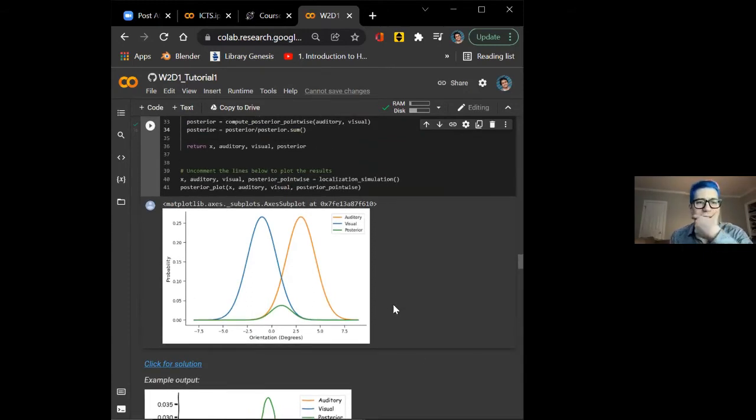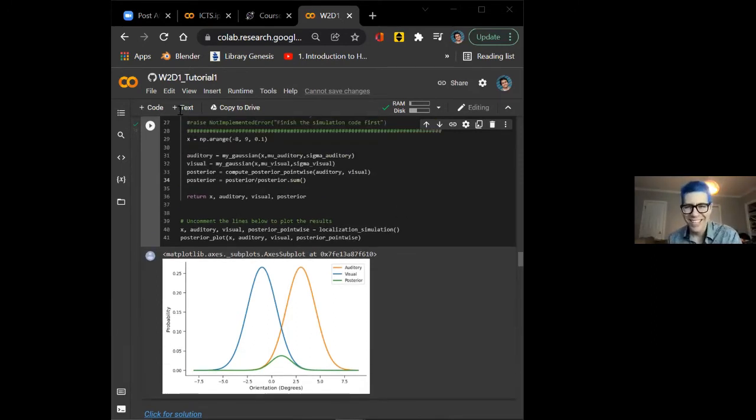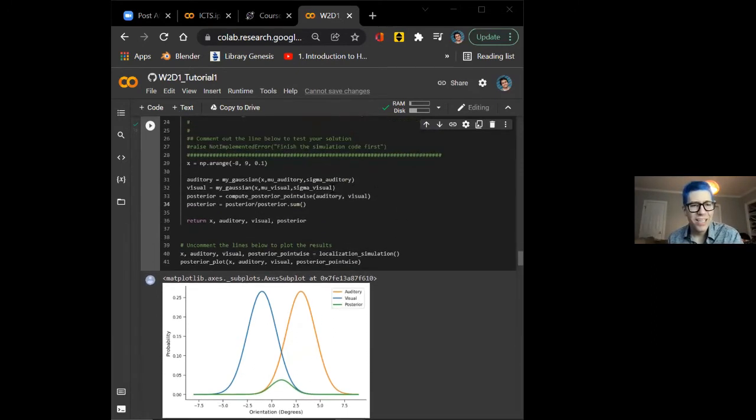Okay, so that's interesting. Posterior pointwise. Hold on, I think I know what's going on. There's posterior and posterior pointwise. Hello, can you hear me? Yeah. So here you have normalized using the sum function, right?